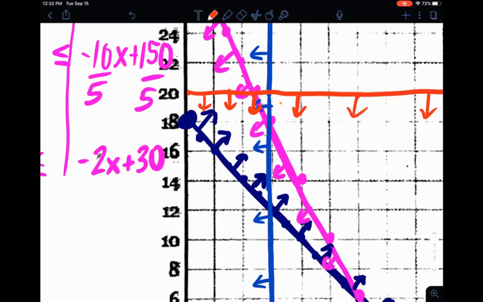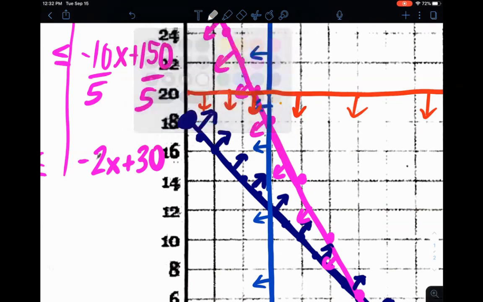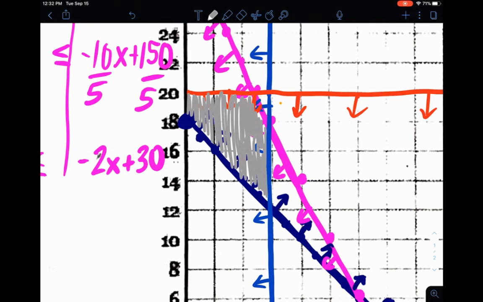Okay, here's where you really have to pay attention. Because so where they're all coming together is going to be this area right here. Okay, but what I want to make sure of is, I don't want to just shade that whole piece.